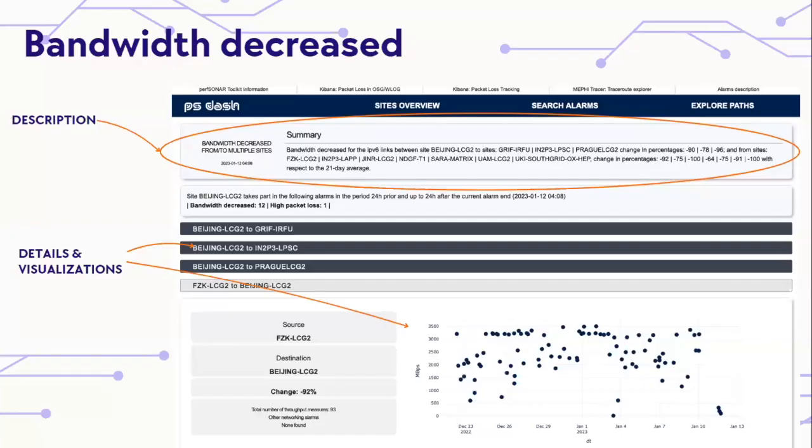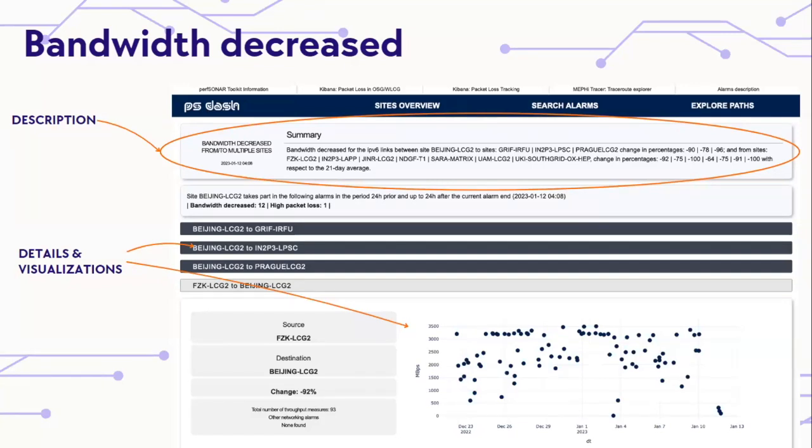So let's see an example of an alarm. This certain alarm is bandwidth decreased on the PS web page, and at the top of the page, the user can see the message with the description of the alarm. In this particular case, the alarm indicates a significant drop in throughput for a link, and the procedure captures multi-site bandwidth degradation.